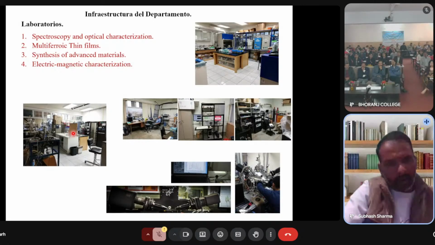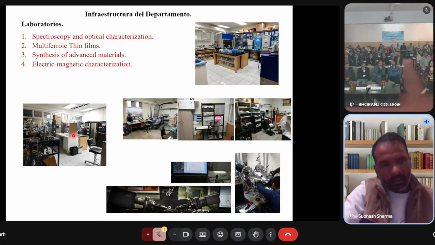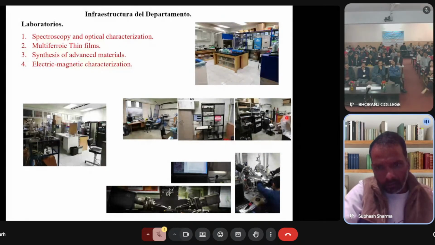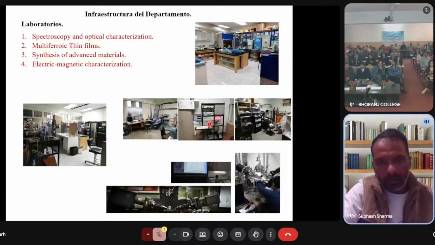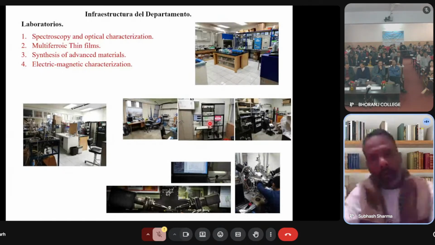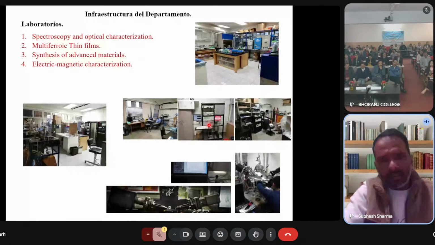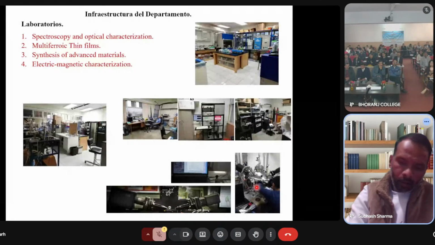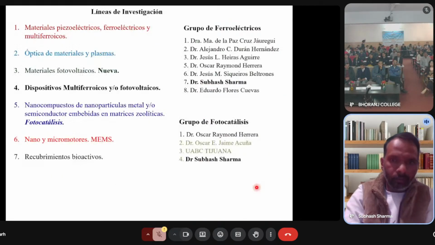We have different techniques: PLD, pulsed laser deposition, sputtering, thermal evaporation, and this lab for measurement and characterization. In my lab, we have ferroelectric measurement, magnetoelectric coupling measurement, and in situ ellipsometry to check the thickness of the thin film.